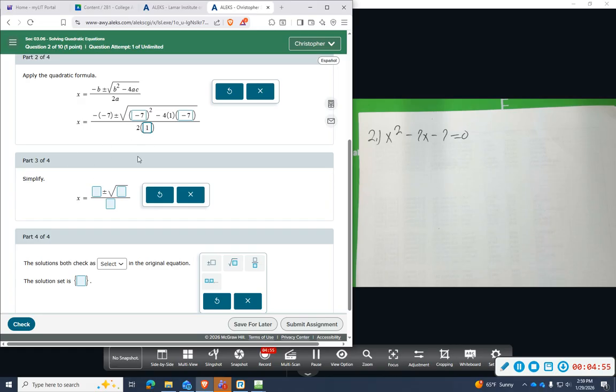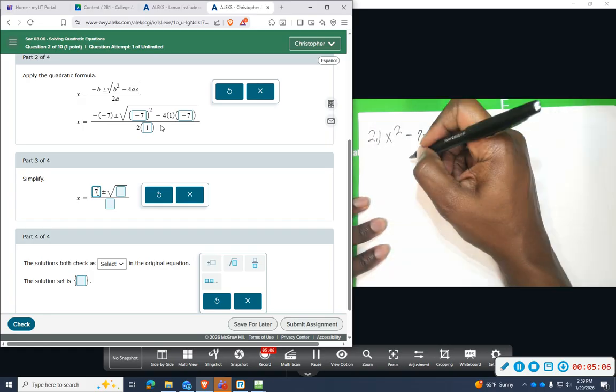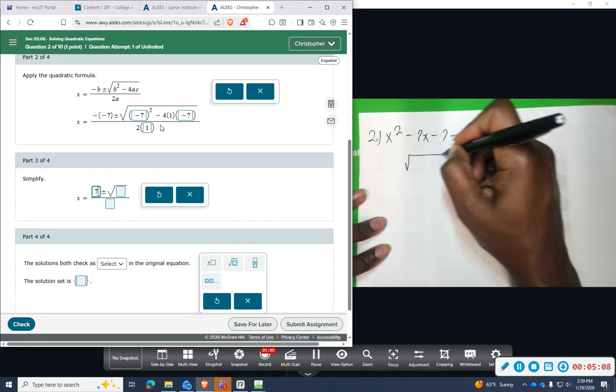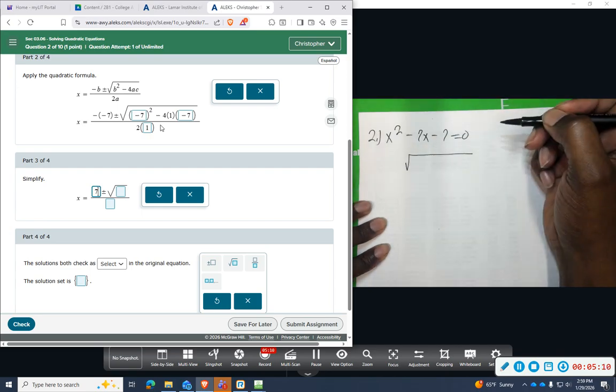And then you start to simplify. So minus a negative 7 is just a positive 7. So that becomes a positive 7, and then all of this under the square root will simplify. I'm going to write that part down. They call that the discriminant. It's what you get under the radical.